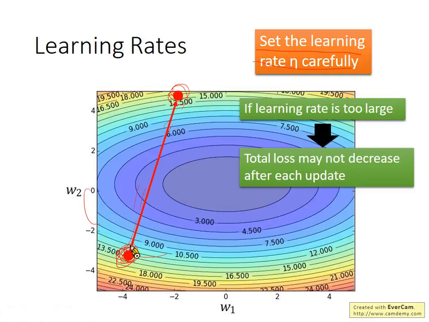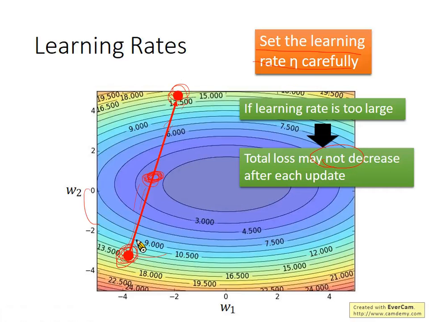If the learning rate is too large, then total loss may not decrease after each update.